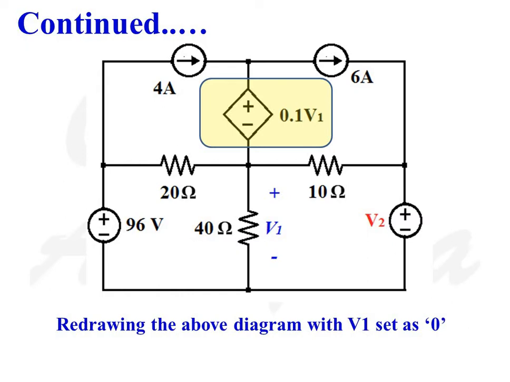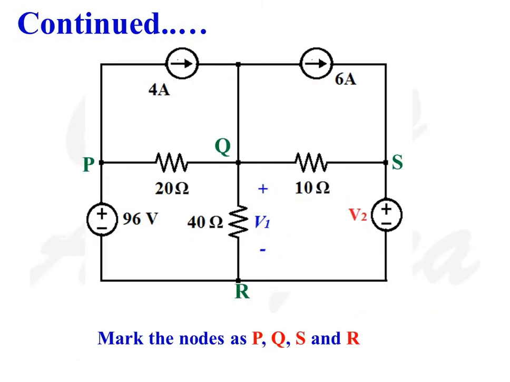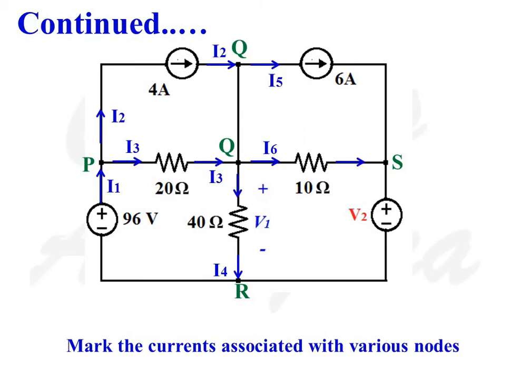So let us replace the dependent voltage source with a short circuit. Mark the nodes as P, Q, S and R. Mark the current associated with various nodes as I1, I2, I3, I4, I5 and I6.